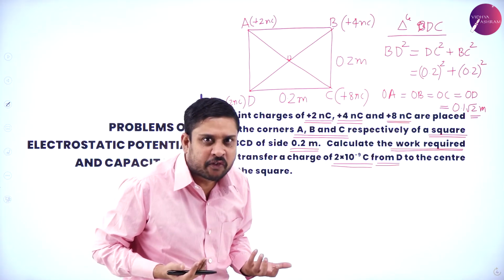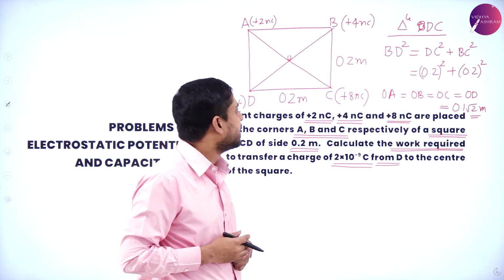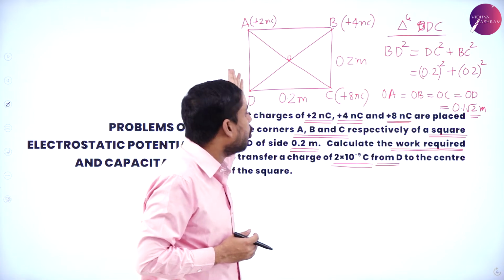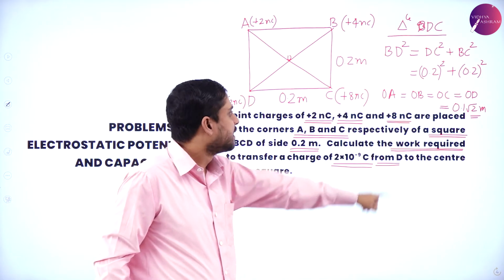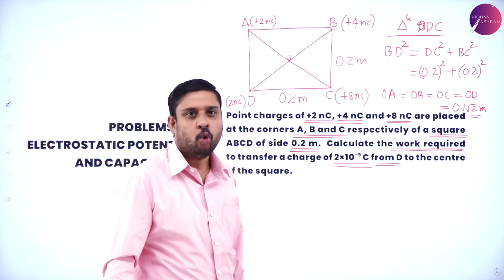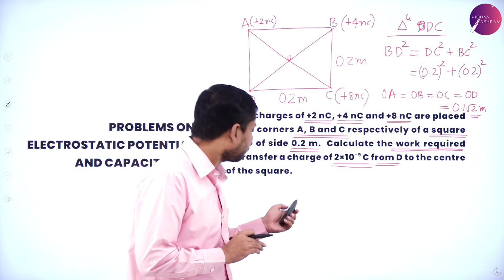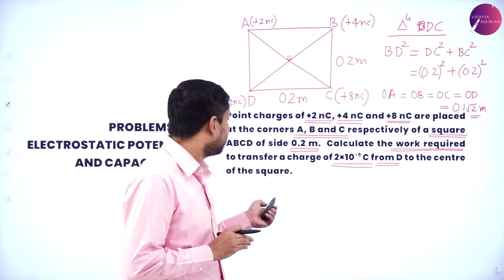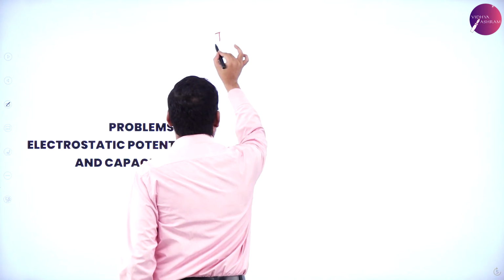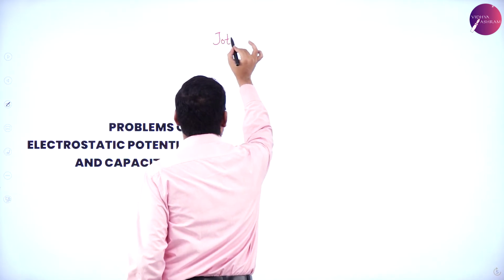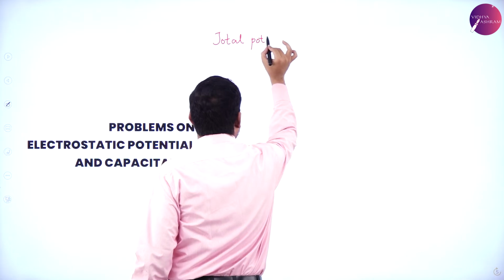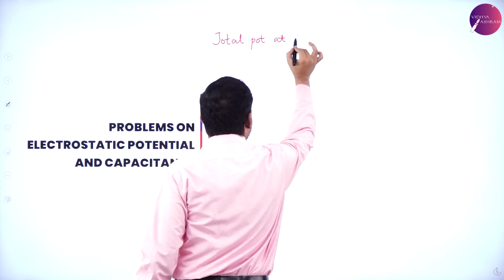OB should be half of that, which is nothing but OA, OC and OD. On simplification, it is 0.1 root 2. To begin with, I will calculate the total potential at O.